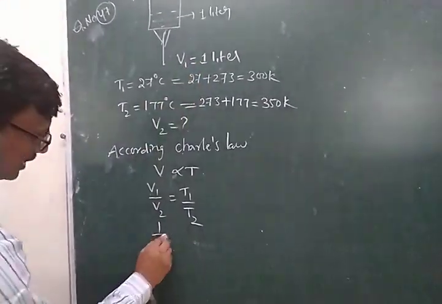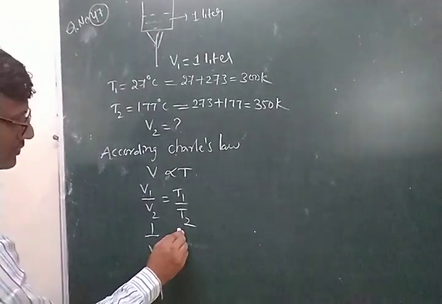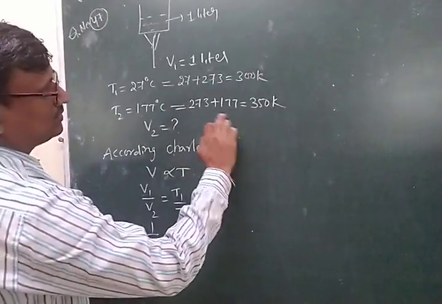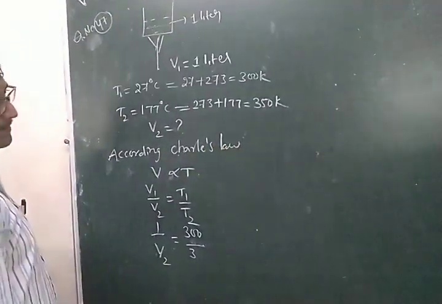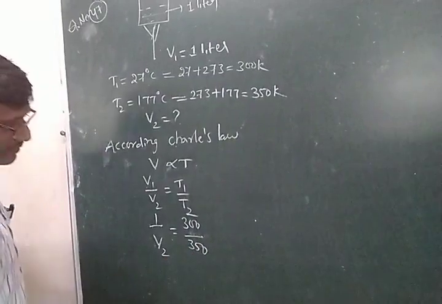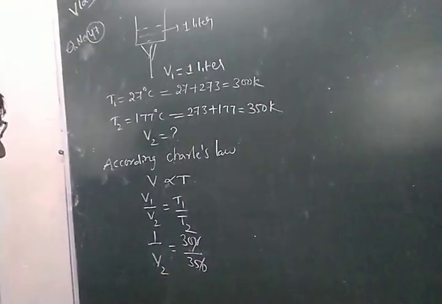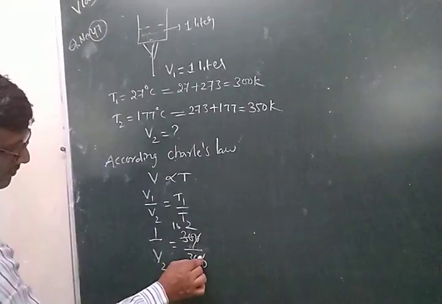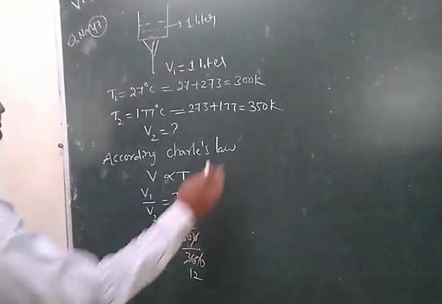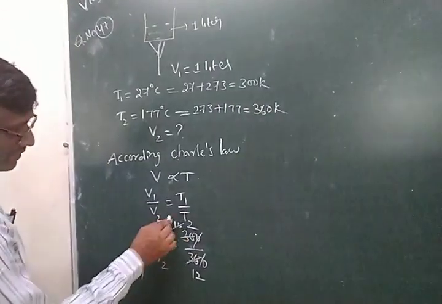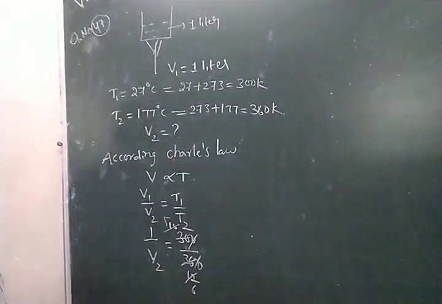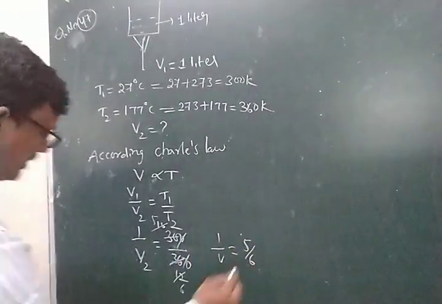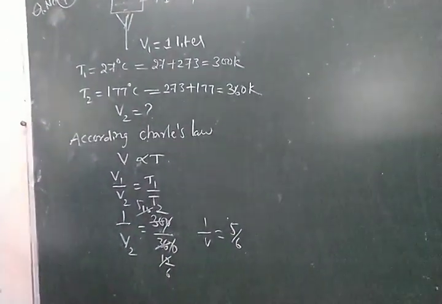V1 is equal to 1, then find out V2. 300 by 350, and then cancel. Then we can write 1 by V2 is equal to 5 by 6.